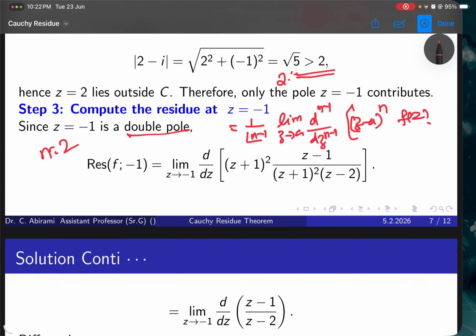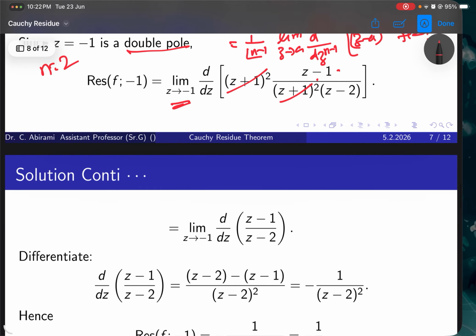So (2 minus 1) factorial means 1 factorial. Limit z tends to minus 1, d by dz of (z plus 1) whole square times (z minus 1) divided by this, and this gets cancelled. So limit z tends to minus 1, d by dz of (z minus 1) divided by (z minus 2).